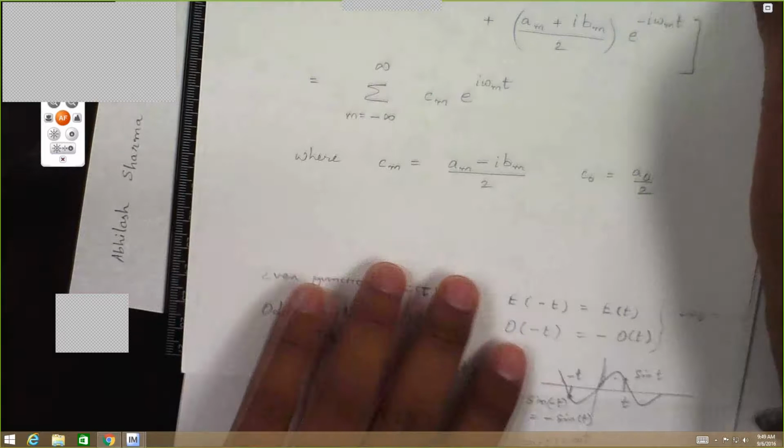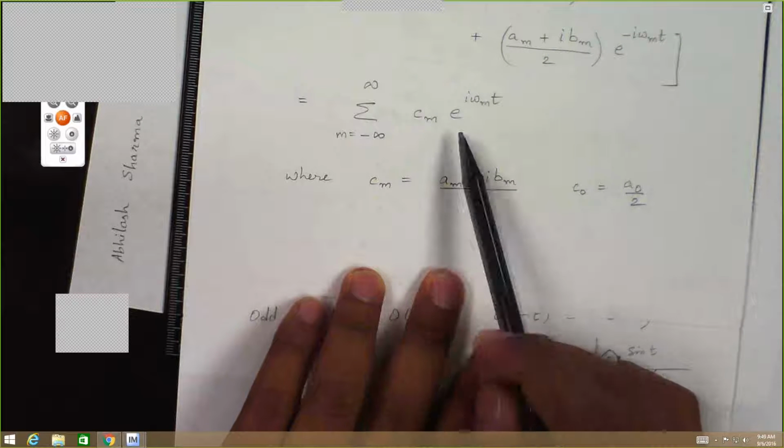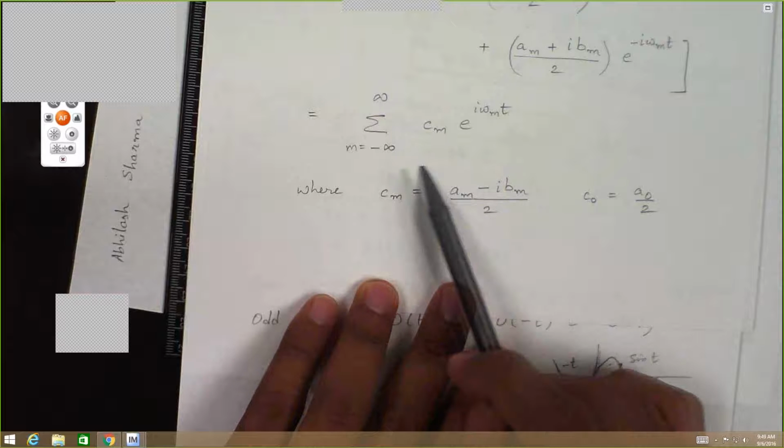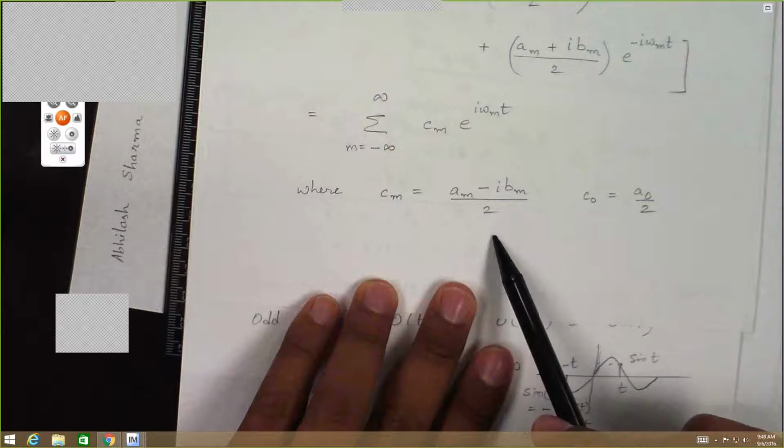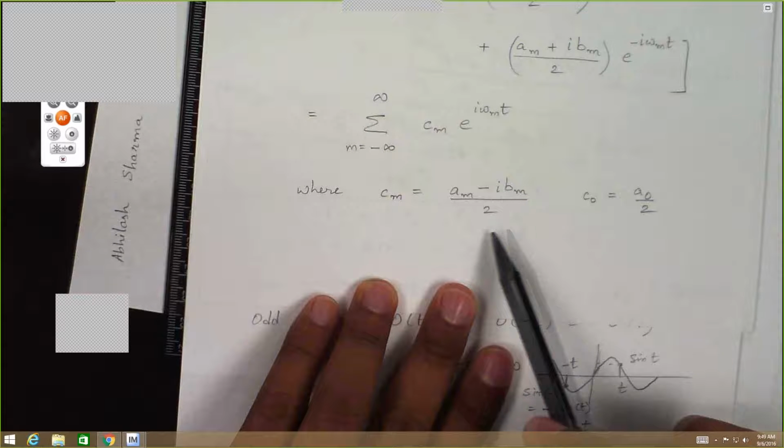Or in other words, we were able to get an expression like this, where x of t could be now expressed as the infinite summation, where C_m is a complex number given by our real Fourier series coefficients like this.